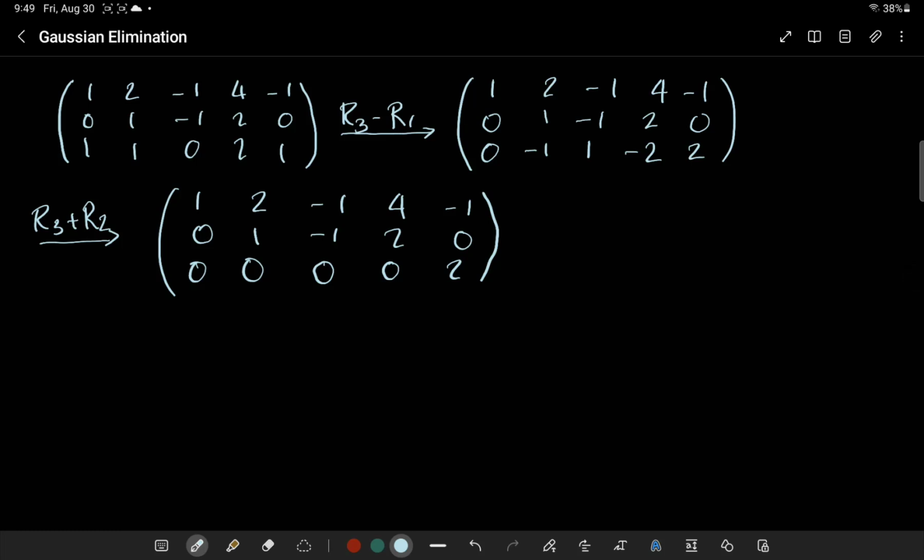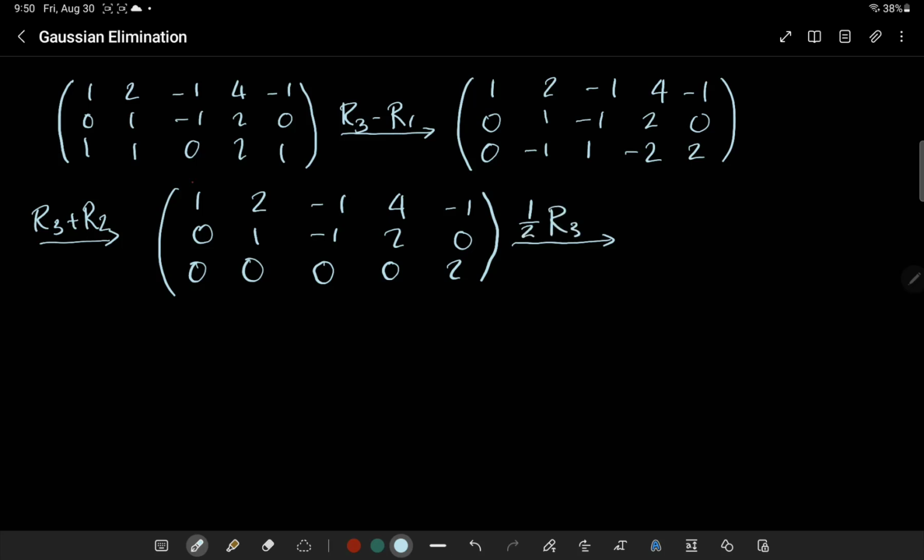Now, we're going to ignore these first 2 rows, and we're going to repeat the algorithm. We're going to look for the leftmost non-zero column. Well, it's just one entry. Is there a 1 there? No. Can I exchange rows to make it a 1? No. Well, then I'm going to force it to be a 1 because my pivot's got to be 1.